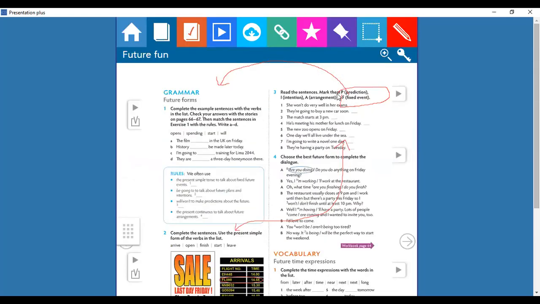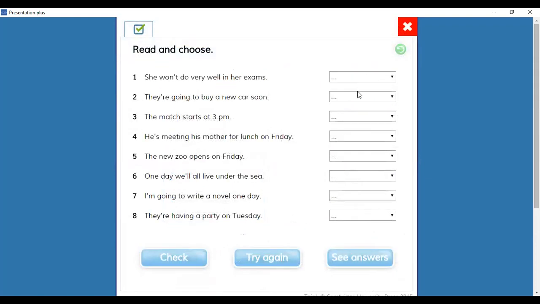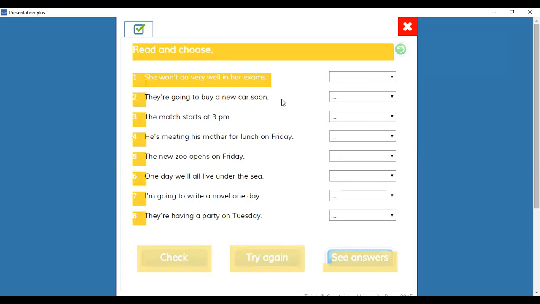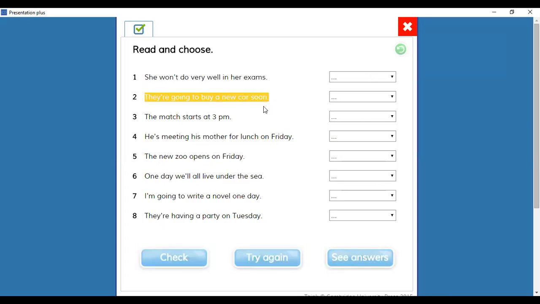Okay, next one, now this is a bit more advanced. So tell me if you can identify. This is an activity that will be in the test where you have to read and then identify the tense, or identify the intention, the function.